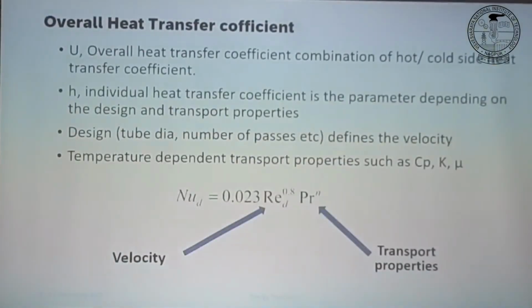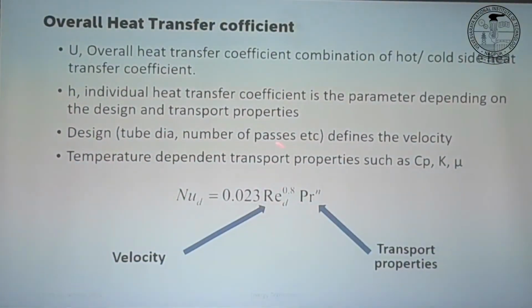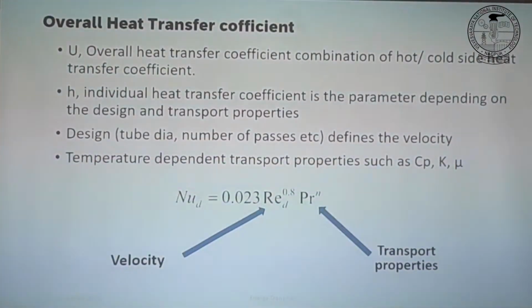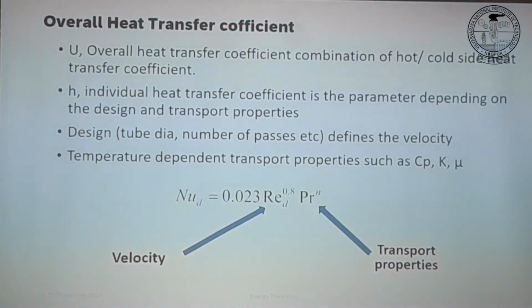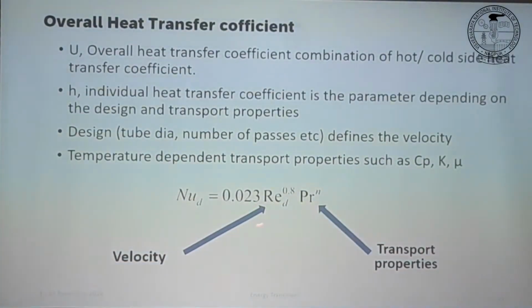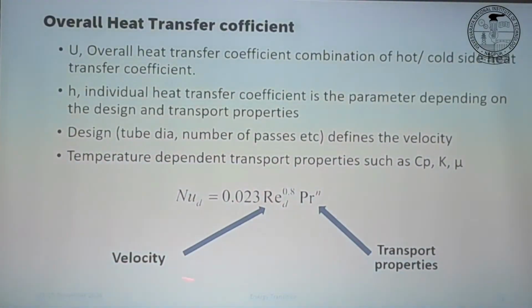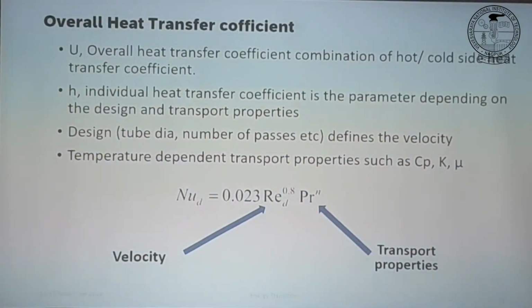So Re is nothing but a representation of the turbulence in your system, right? And turbulence is nothing but a representation of how fast these molecules are moving here and there. And if they are moving fast, they will also be able to give the energy to the next one faster.